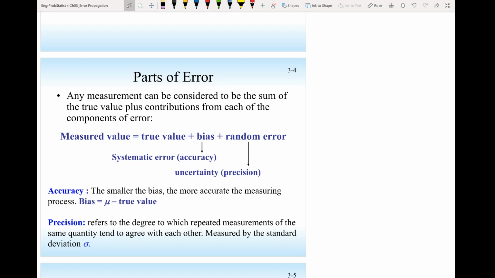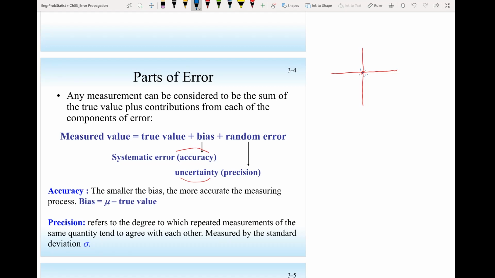We can also think of the bias and random error, or accuracy and uncertainty, as follows. Just imagine you have a soldier with a rifle and a binocular on the rifle, and the soldier is aiming at this target here at the center, and all his shots are coming really close to this center.